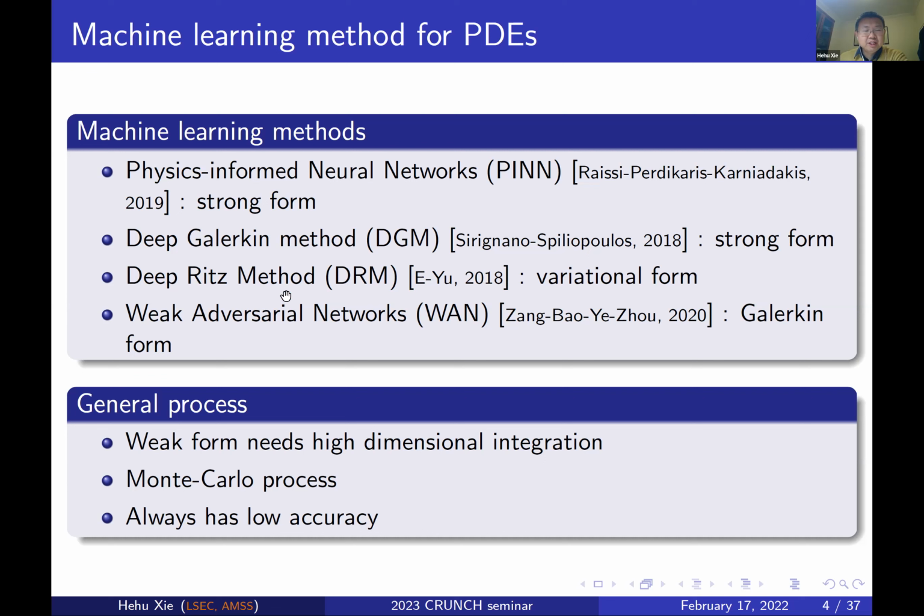In this talk we are concerned with numerical methods for high-dimensional partial differential equations. There are also three types of methods: the Deep Galerkin method, the Deep Ritz method, and weak adversarial networks.